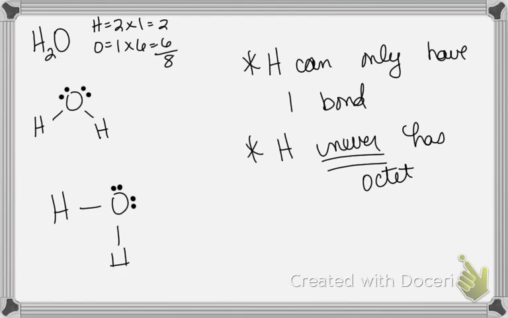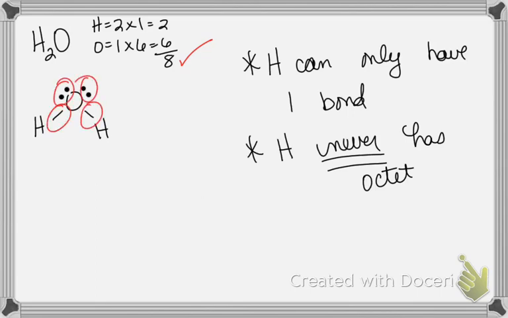Okay? The next thing we have to do is you always have to go in and check your structure. So this is what we have drawn. Did we use 8 electrons? Yes, we did. 2, 4, 6, 8. Does every atom have an octet? Well, in this case, hydrogen never has an octet.